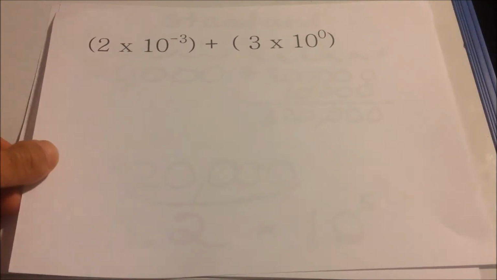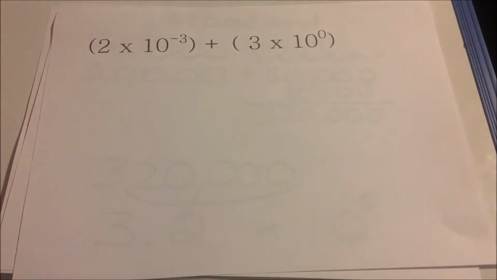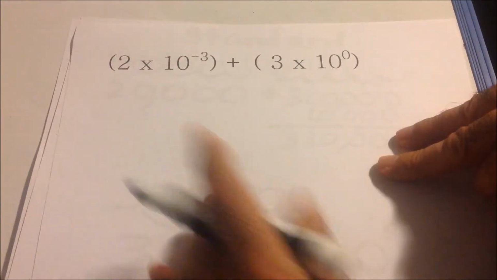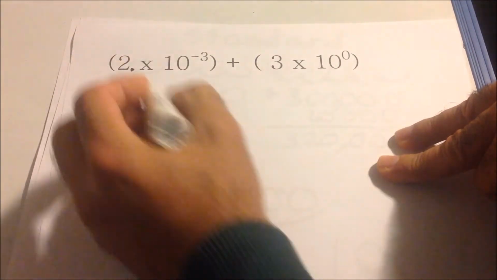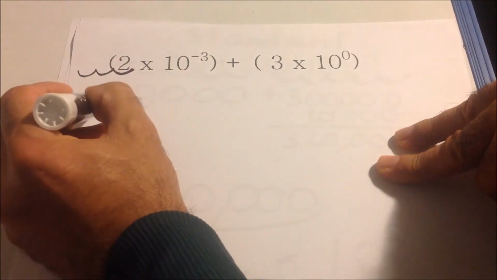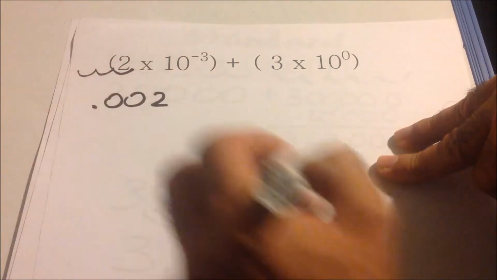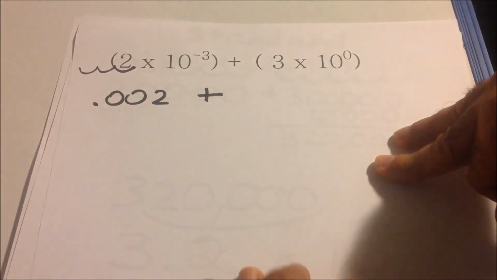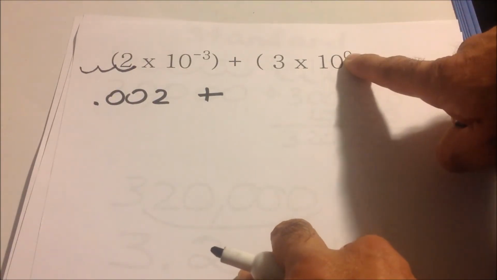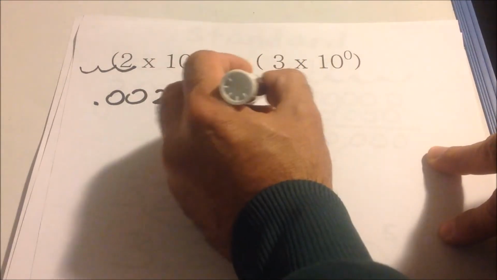Okay, so let's look at this problem. When you see a negative exponent, remember, we have to move the decimal to the left. So here's the decimal, and we're going to move it 3 times. 1, 2, 3. So it's 0.002 in standard form. And over here it's saying do not move the decimal at all, so it's just 3.